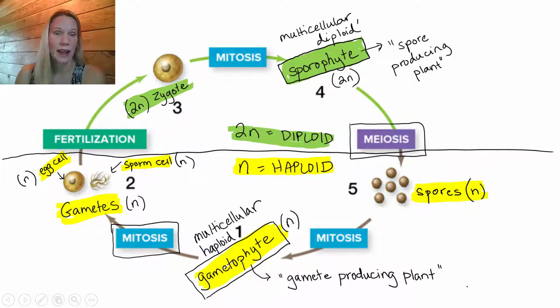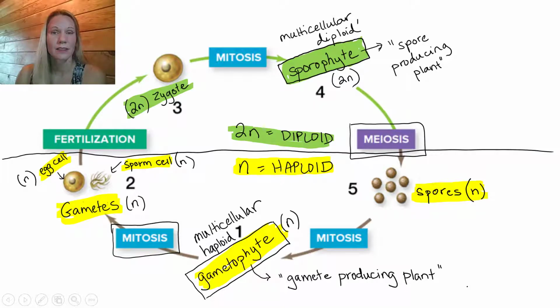Those gametes are egg cells and sperm cells. Fertilization results when the egg and the sperm combine their genetic information and form the zygote. The zygote is diploid, because it has genetic information from both the egg cell and the sperm cell. In fact, a zygote is just a fertilized egg.